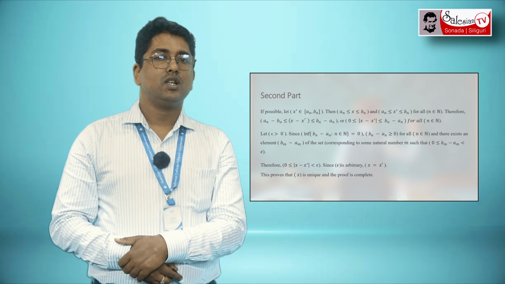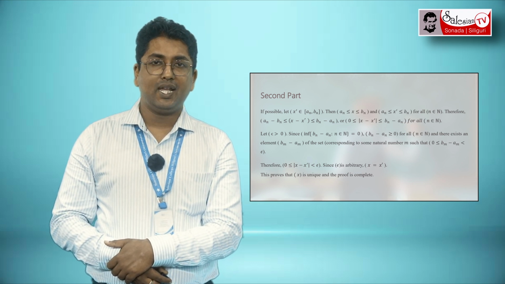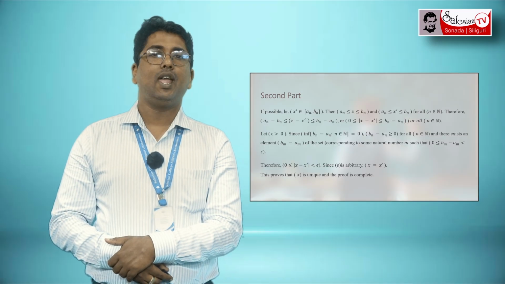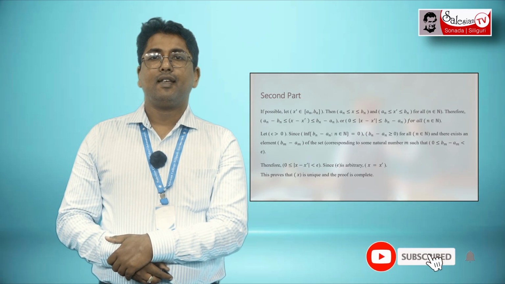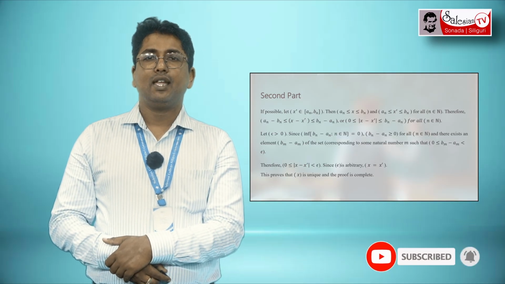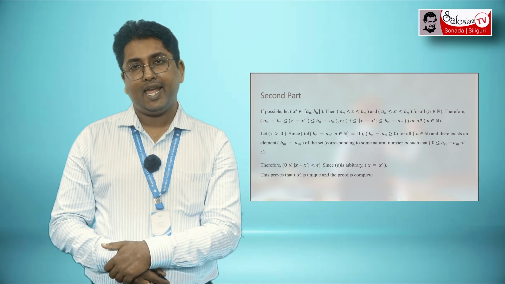Now we will merge the first inequality, an less than or equal to x less than or equal to bn, and the inequality that we obtained now, and we will obtain the inequality like this: an minus bn less than or equal to x minus x' less than or equal to bn minus an.